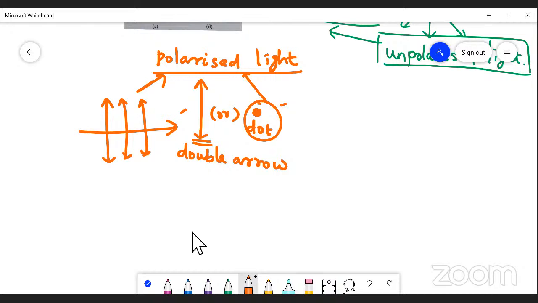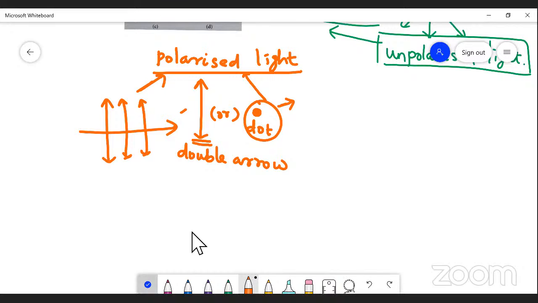Whereas the dot represents perpendicular vibrations of polarized light. That means the vibrations in the polarized light occur perpendicular to the plane of the whiteboard. So polarized light can be represented by either double arrow or a dot.